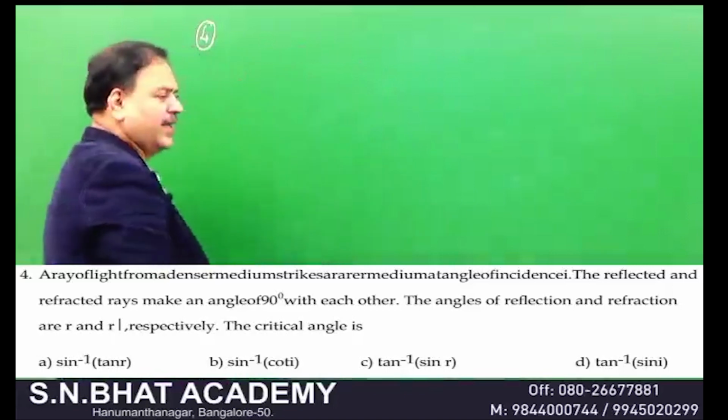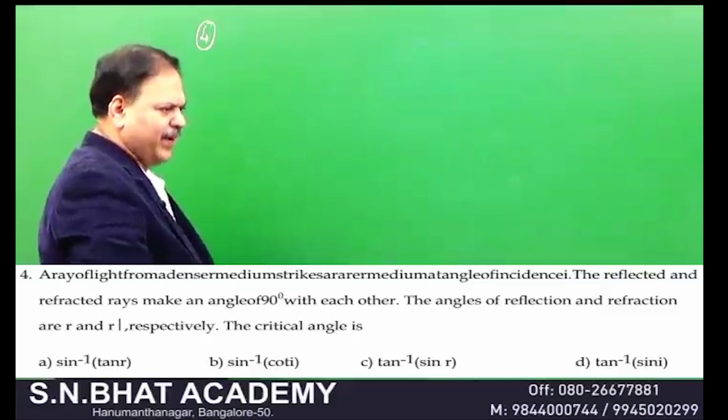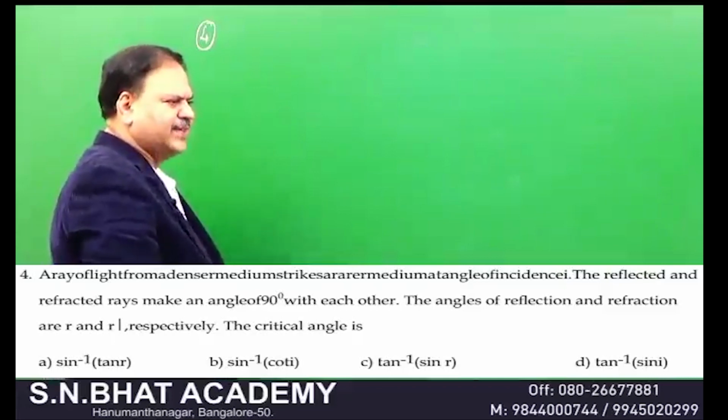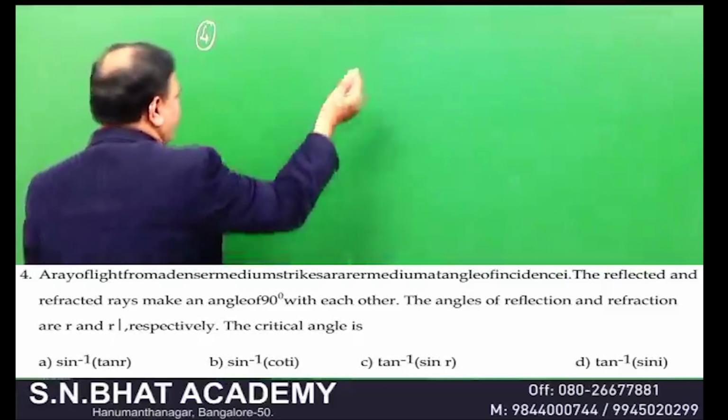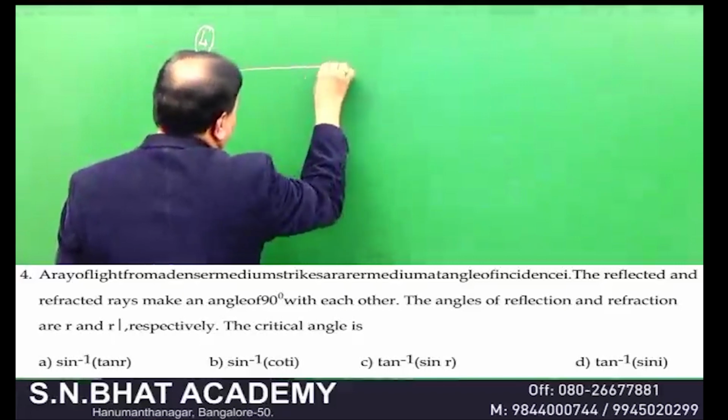Look here. Here the light is passing from the denser medium to the rarer medium. So it strikes the surface of the rarer medium. This is the surface of separation.